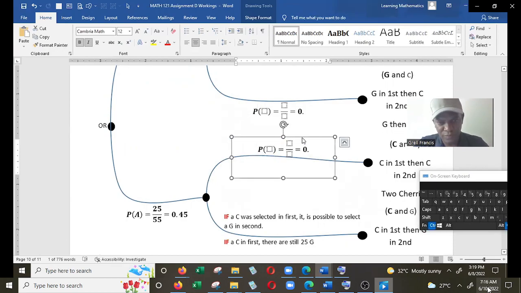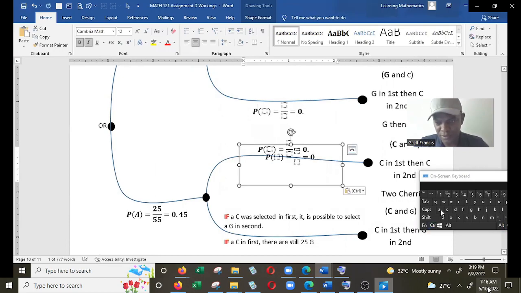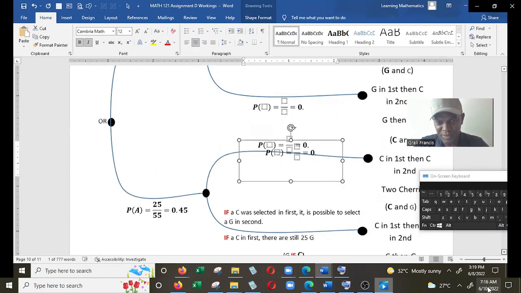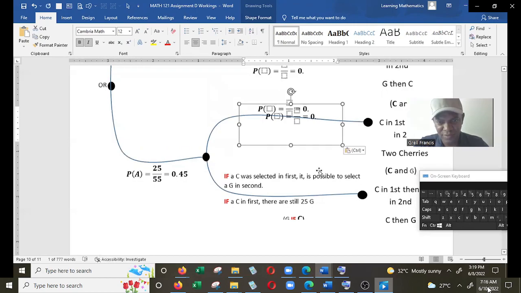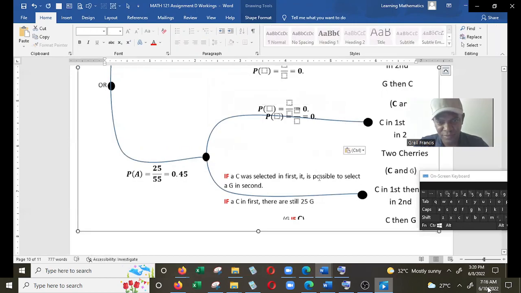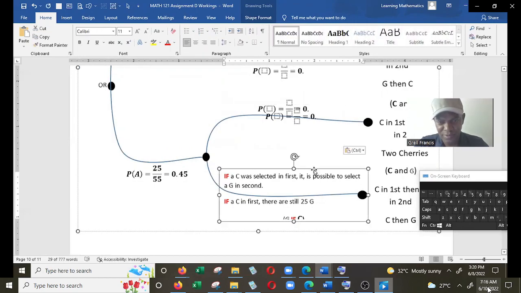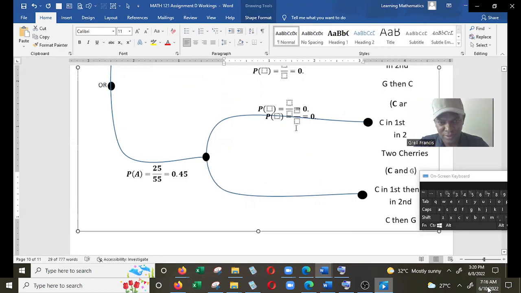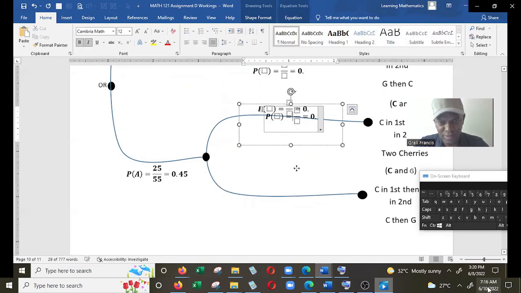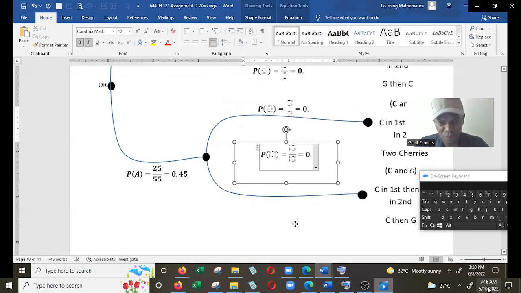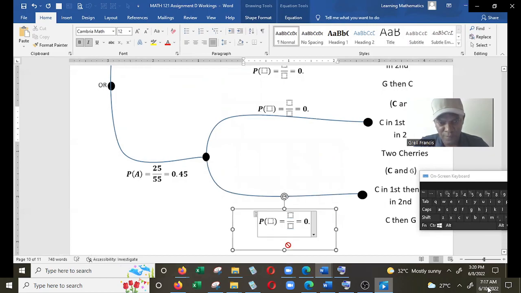Control C, Control V. So I do it one time, pasting it side by side, so I don't have to go up there and search for it. Delete this. And drag it there. Cool.